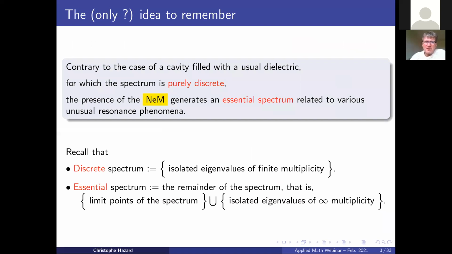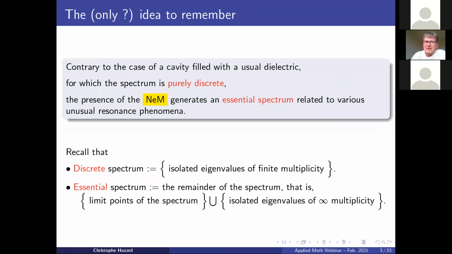If you have only one idea to remember from my talk here, it is the fact that contrary to the case of a cavity filled by a usual dielectric material, or just say vacuum, we know that the spectrum of the cavity is purely discrete. Here, we are going to see that the presence of the negative material generates an essential spectrum, and this essential spectrum is related to various unusual resonance phenomena.